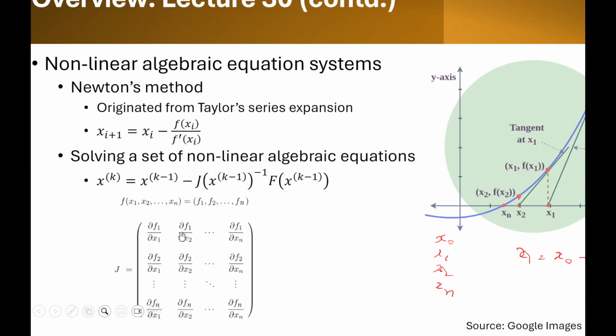So ∂f1/∂x1, ∂f1/∂x2, till ∂f1/∂xn. And why ∂? Because it is a function of other variables as well, so partial differentiation. The next row will be the partial differentiation of the function f2 with each of these variables, and so on till fn with respect to xn.